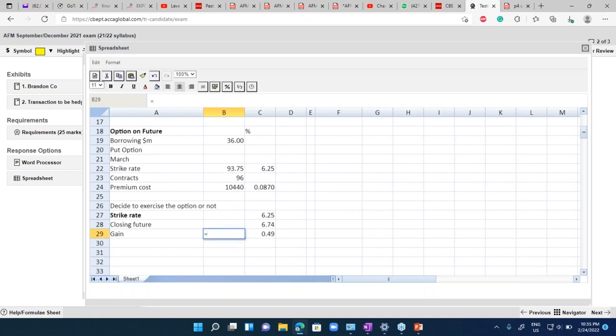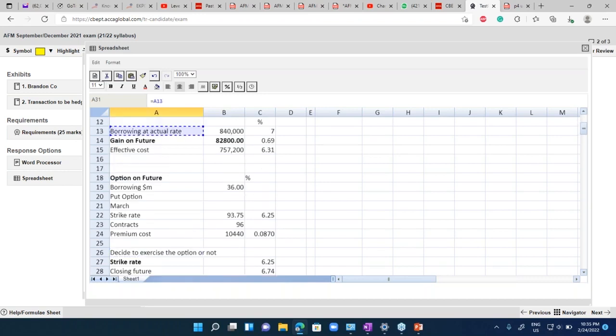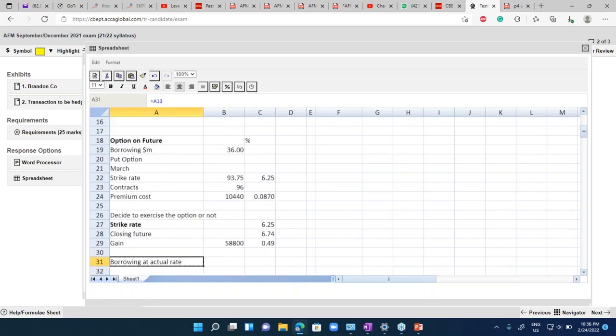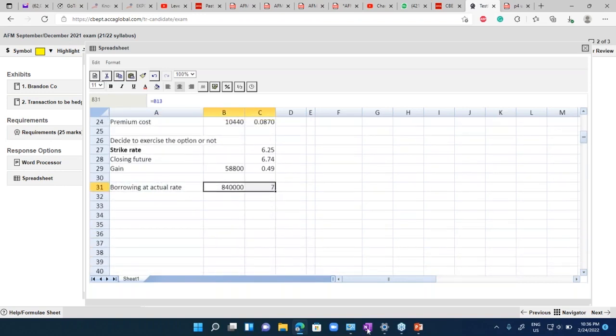That is number of contracts 96 into contract size 500,000 into 0.49% into 3 by 12. Don't forget to multiply with 3 by 12. Last step, borrow from market. Copy from above, borrow from market, because borrowing at actual rates will be the same both in future and option.